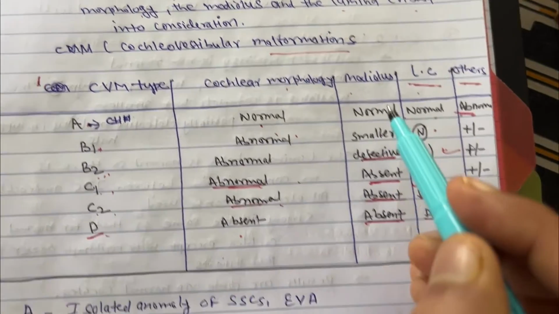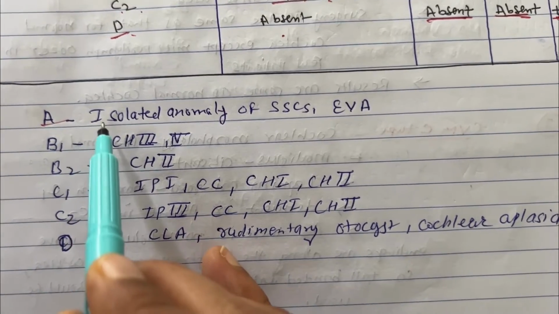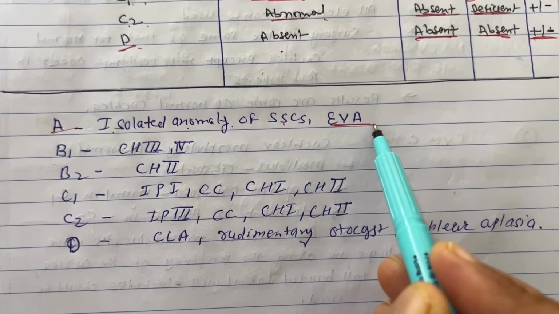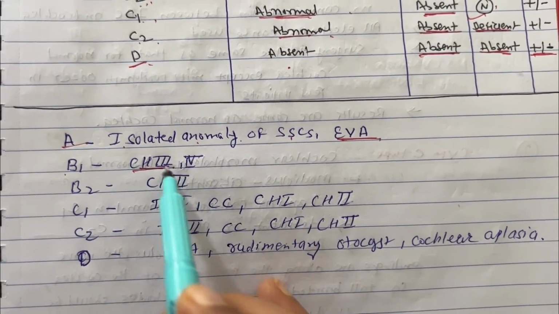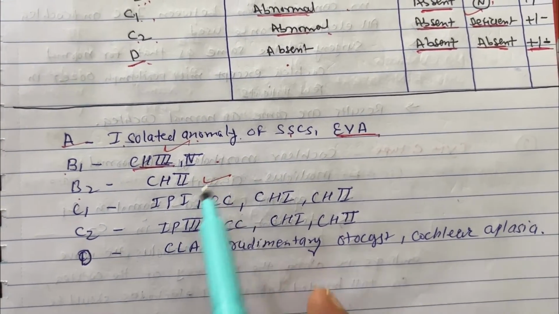Sennaroglu-Saatci classification. If you put Sennaroglu with this, you can see in A type there is isolated anomaly of semicircular canal or enlarged vestibular aqueduct and comes in A1. B1 is cochlear hypoplasia type 3 and 4. B2 is cochlear hypoplasia 2.